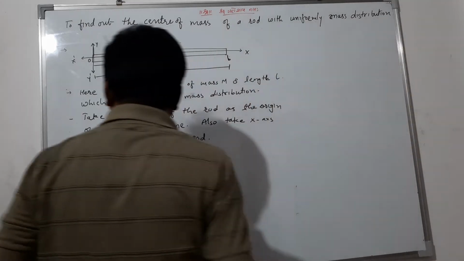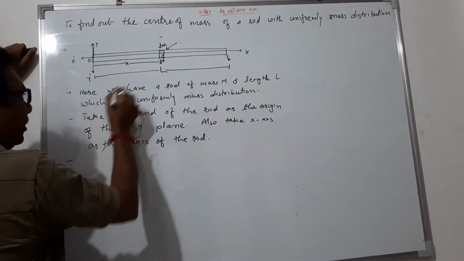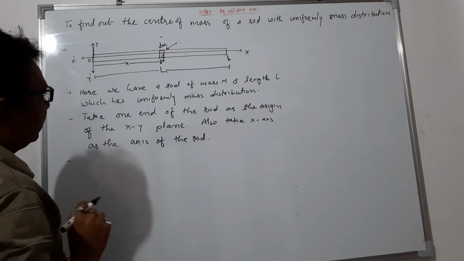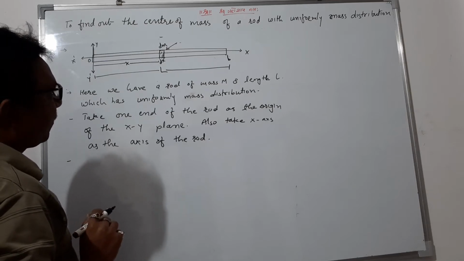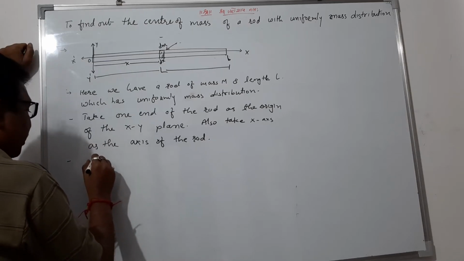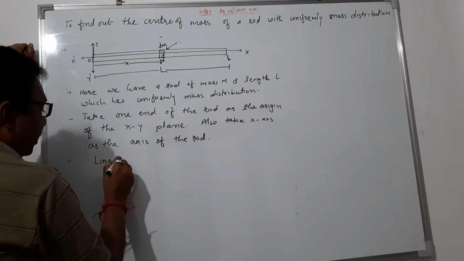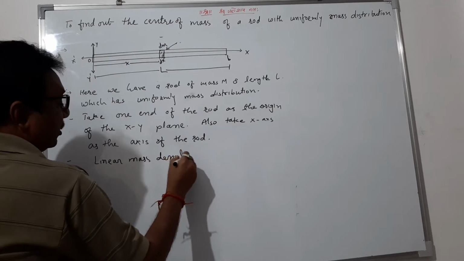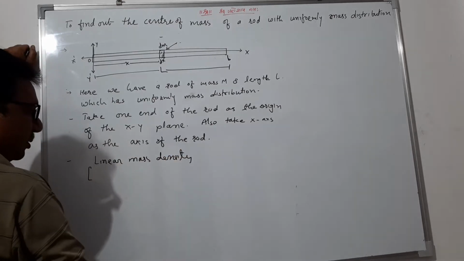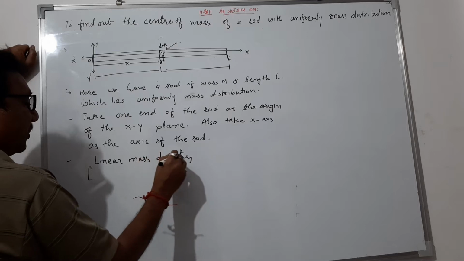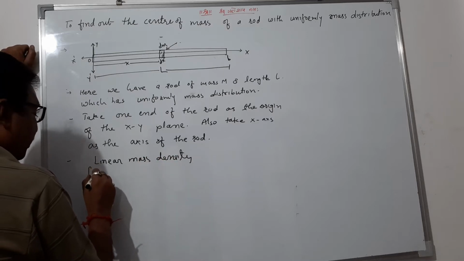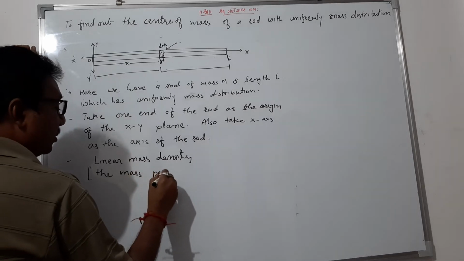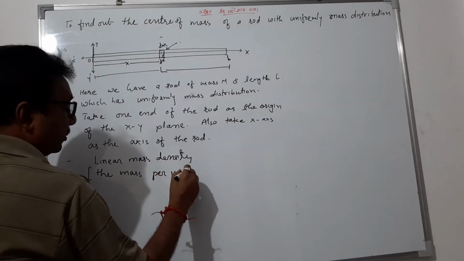Now again we are taking the linear mass density. The definition of linear mass density is mass per unit length.